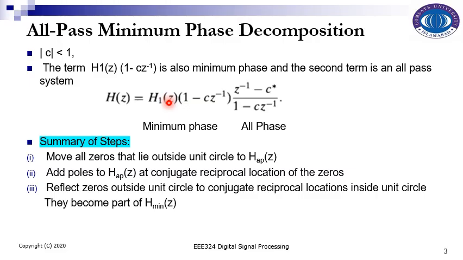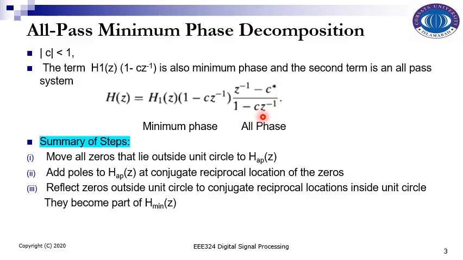Now we wrote our H of Z in this form as we saw in the last slide. The 0 that we had earlier moved outside of H of Z, that is factored out of H of Z, was located outside the unit circle.